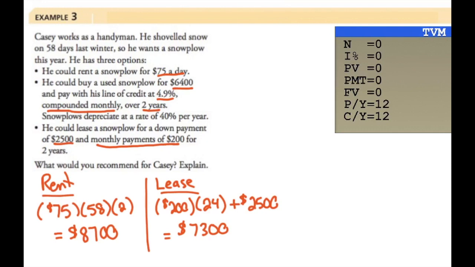Lastly, we'll go to buying this snowplow. We'll need to use the TVM solver to work out his monthly payments. He would buy it for $6,400. That is our present value. His line of credit has interest of 4.9%.